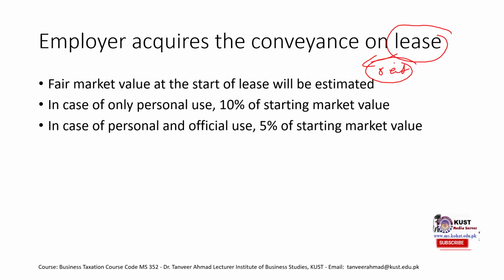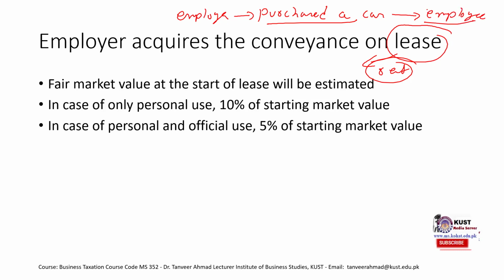So for example, in the previous example, the information that we had been given was that employer purchased a car, right? Employer purchased the car, the company purchased the car and then gave it to employee for his personal or official, or personal and official use.